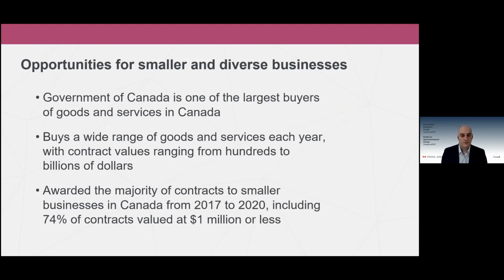So if we go into the details, we offer a lot of contracts to small and medium businesses. We're talking about 74% of contracts being less than 1 million. For the federal government, 1 million is a small contract, and we offer a lot of opportunities for smaller businesses. On that note, we purchase everything from soap to maple syrup to planes to boats.